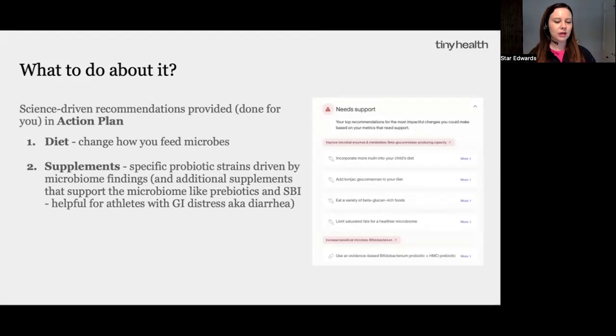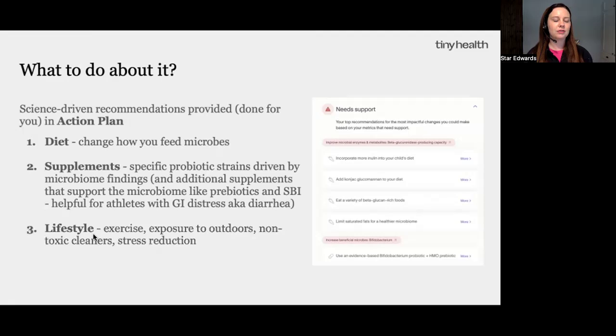If we see specific bacteria or microbes there, then we will recommend specific probiotics to help to increase or decrease depending on what we see. We may also offer recommendations for prebiotics that feed the beneficial bacteria or serum-derived bovine immunoglobulins, which are really good for the immune system in athletes, especially for GI distress like diarrhea.